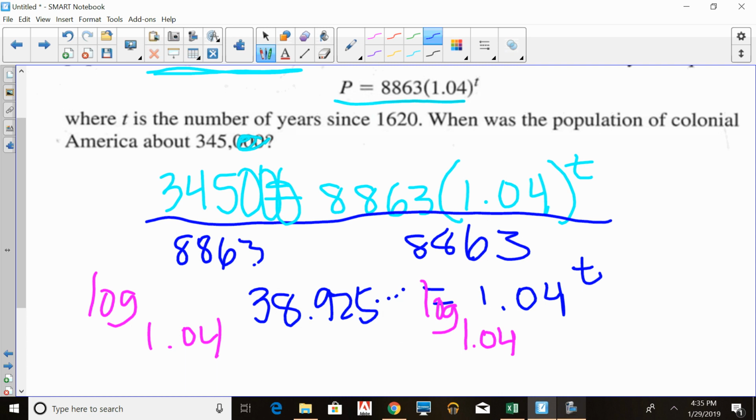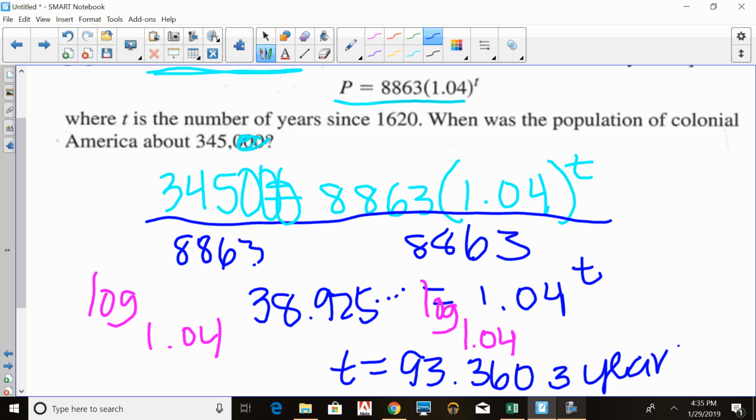Then when you take the log of that number, using the ANS button of your calculator, divided by log of 1.04, you will get t equals 93.3603 years, which is roughly 93.4 years.